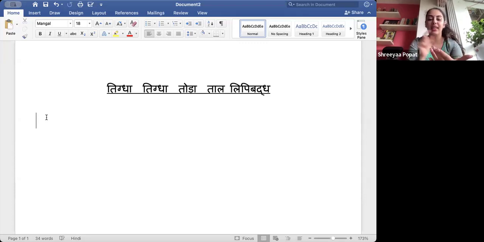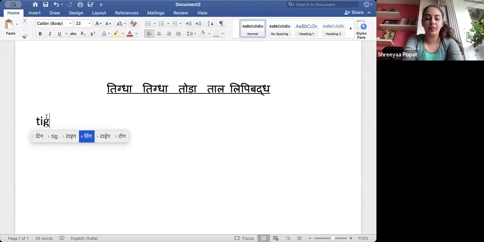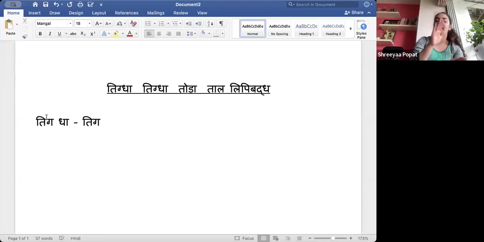So everything that we recited before that, Tigdha, Tig, will all come in the first beat. So we will write all those syllables first. Tigdha, a gap in the middle, a tig. Tigdha tig.